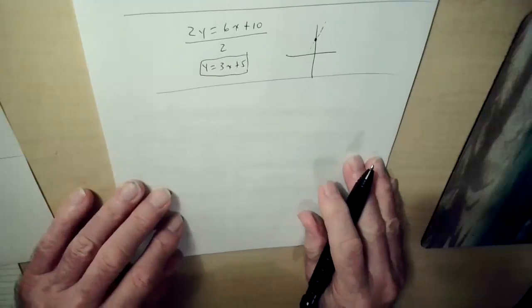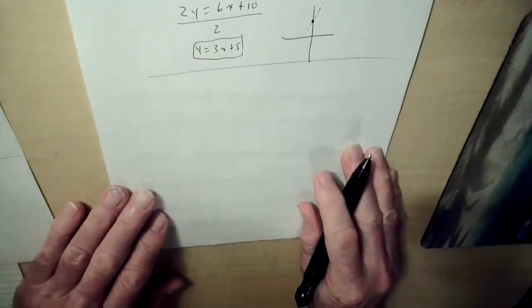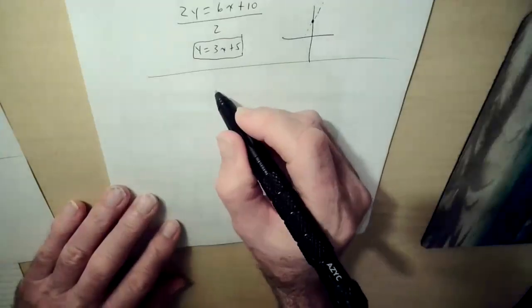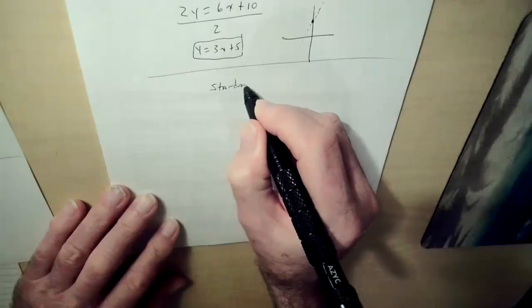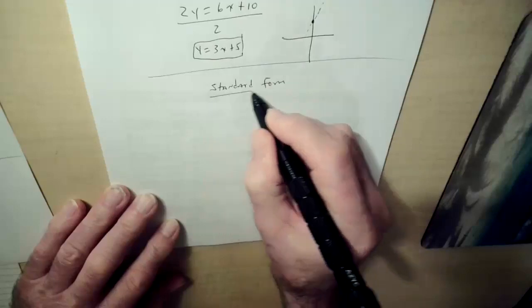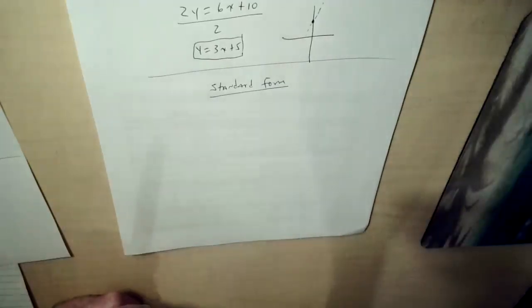Now, we also have a form of these linear equations. In other words, they make a straight line. It's called standard form. Not used as much because it doesn't tell us a whole lot, like slope-intercept.